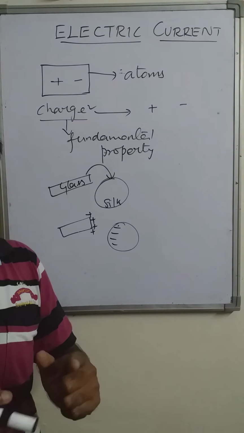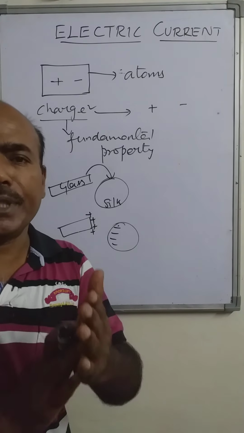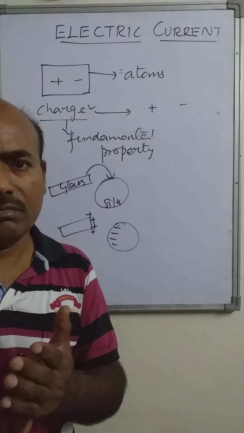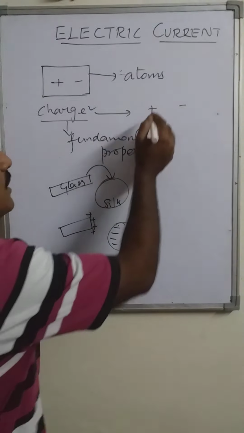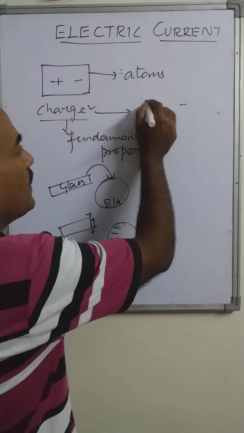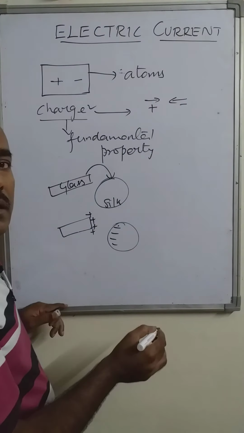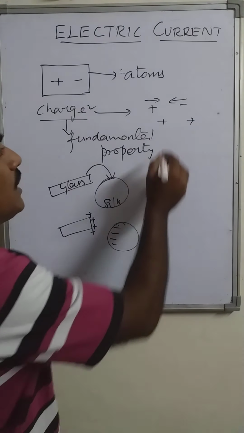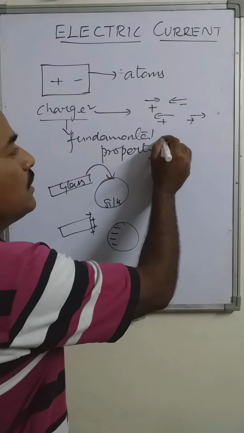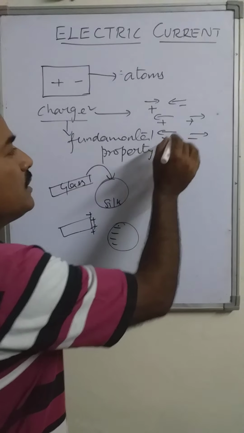And by experiment we obtain the result. Experiment करने के बाद ये result हमें मिला है that opposite charges attract each other. Similar charges, same kind of charges repel each other.